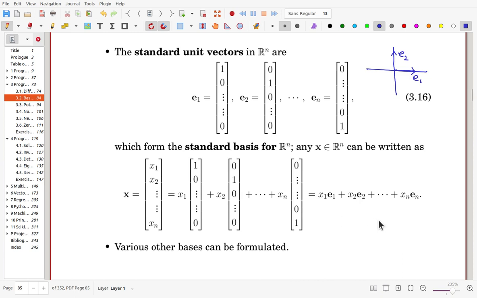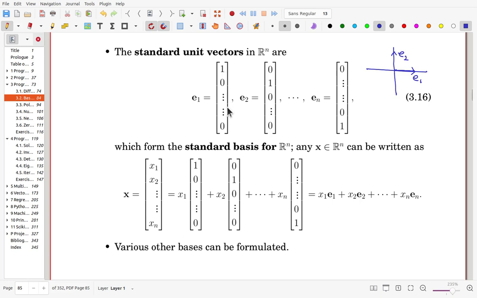Also, each of these unit vectors cannot be made from any linear combination of the others. For example, E1 cannot be made using the others, because everything else there will be 0, so any multiple of those vectors cannot become 1 there.